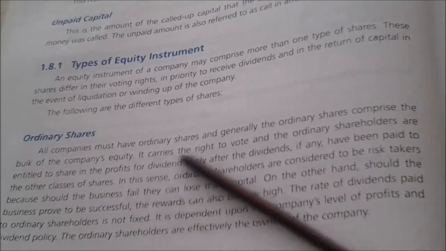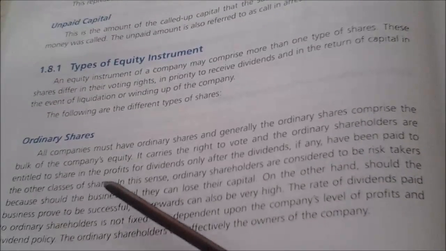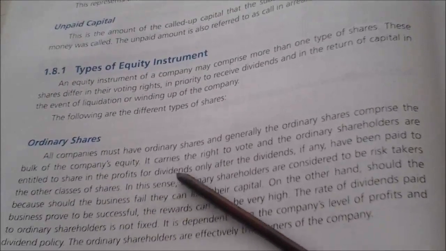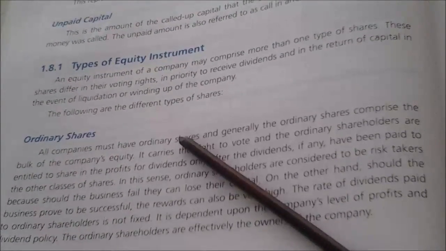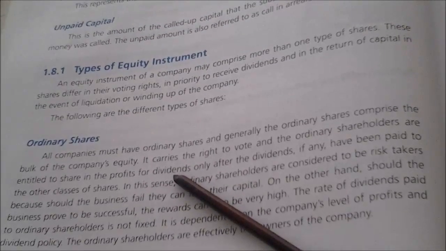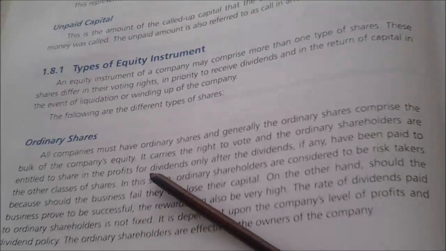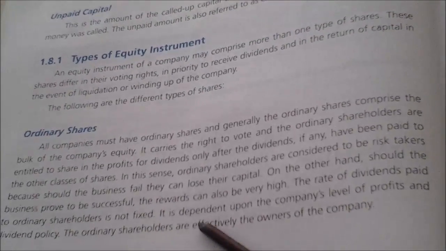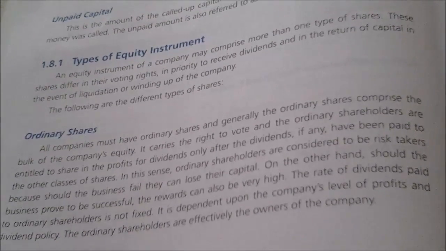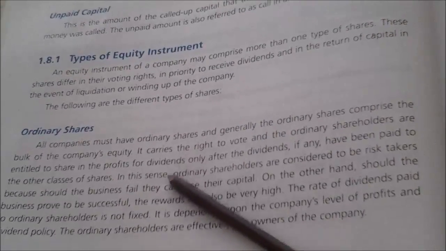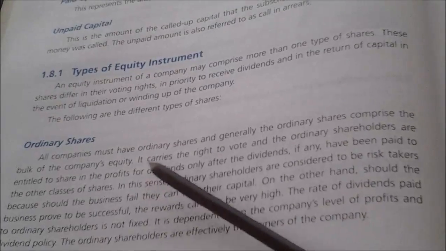Shareholders who purchase ordinary shares have the right to vote, and they are entitled to share in the profits of the company in terms of dividends, based on the percentage of shares that they hold. If the company collapses or fails, usually the ordinary shareholders have to bear the losses of the company.